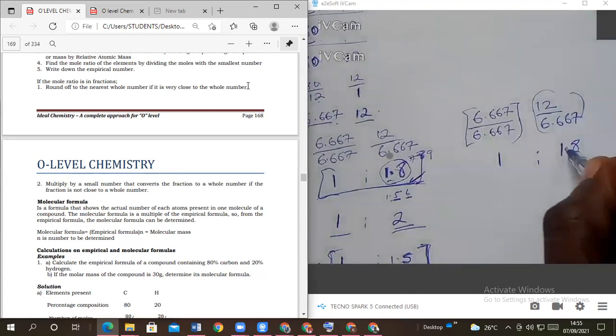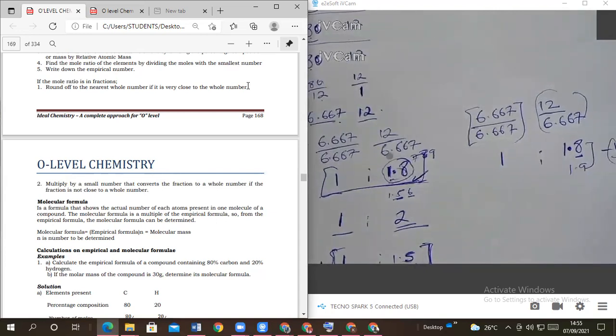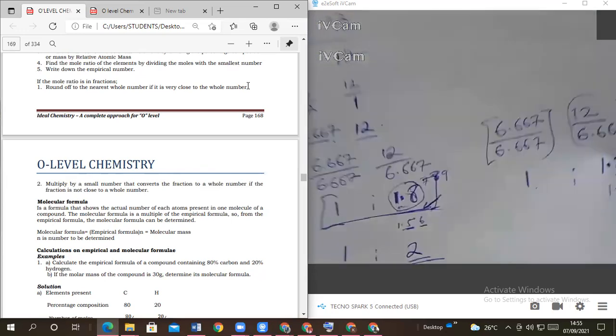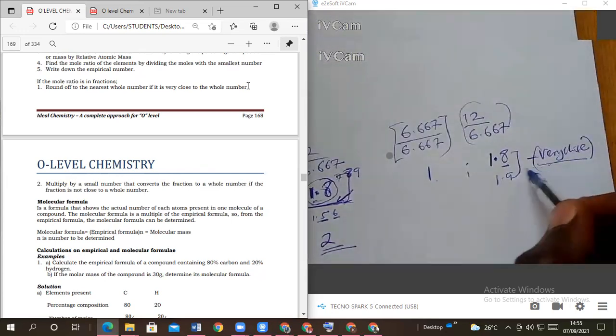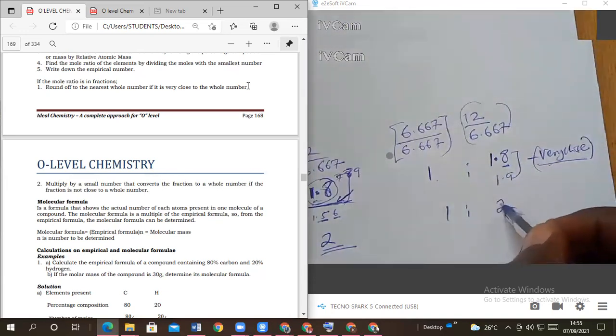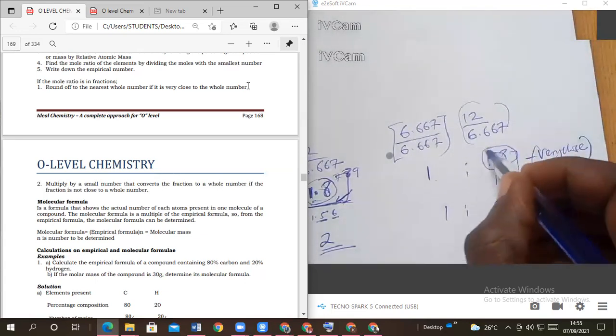Now this 1.8, the next number is 1.9. These are very close numbers to a whole number. Okay? So here we don't need to look for any number to multiply with to bring us to the closest answer. Here you don't need to struggle. You just say this is roughly 1 to 2. Because they are very close, you just round off this number here alone.